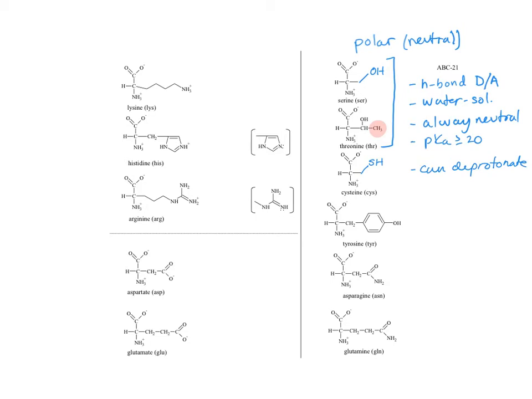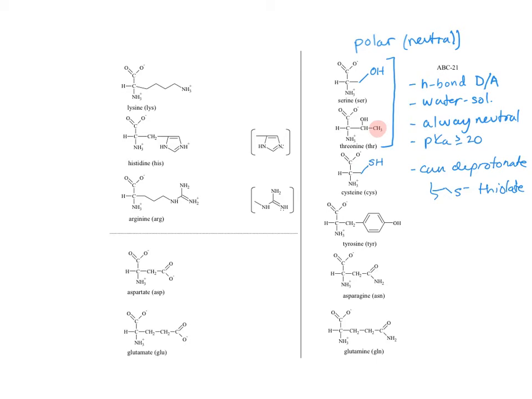And if it did so, it would become a thiolate, S-. It doesn't do that until you get up to about 8.5. So we still consider it polar neutral because that's typically the way it's going to be, protonated and neutral at normal pH.